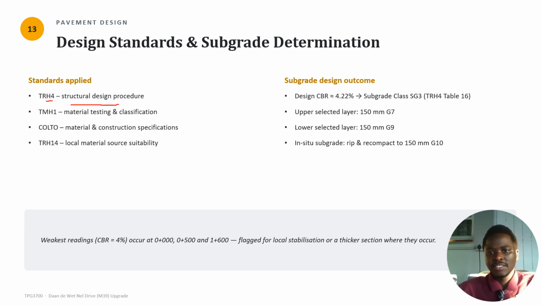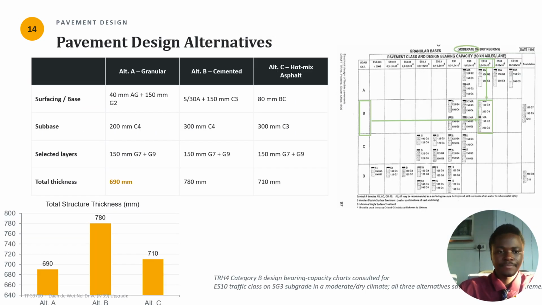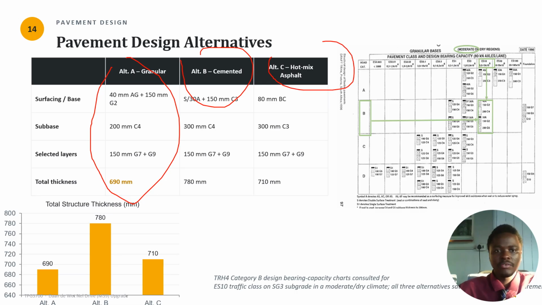And my subgrade design outcome shows my CBR to be 4.22, which classifies under SG3, TRH4 Table 16, and my upper selected layer is 150 G7, and the lower layer is selected as 150 G9, and the in situ subgrade is ripped and recompacted to 150 G10. So for my pavement alternatives, I have alternative A, B, and C.